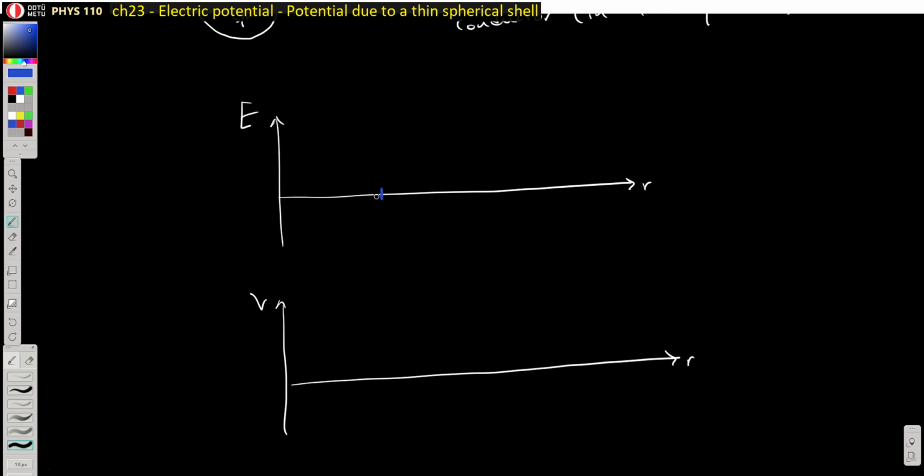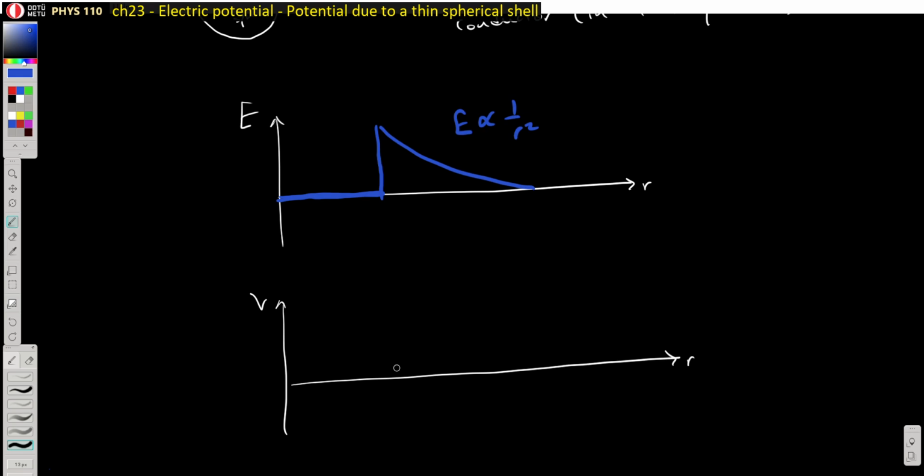So the electric field, inside it is 0. Let me make it a little bit thicker. Outside it has the usual 1 over r squared behavior, so it goes to 0 like that. So the electric field outside is proportional to 1 over r squared.